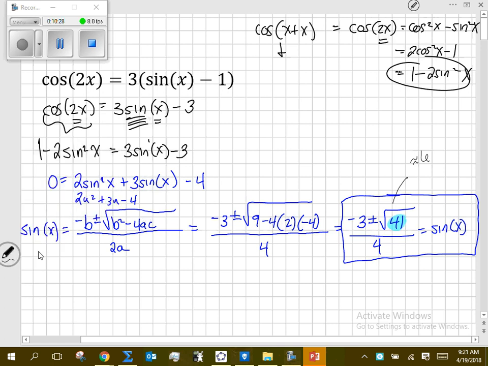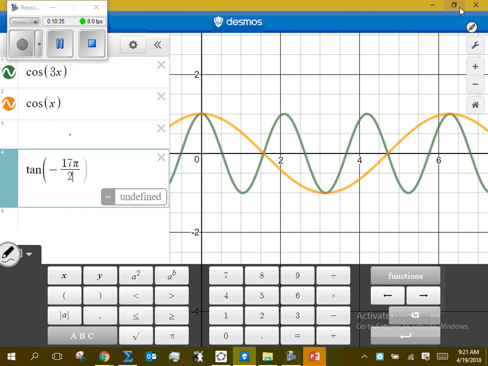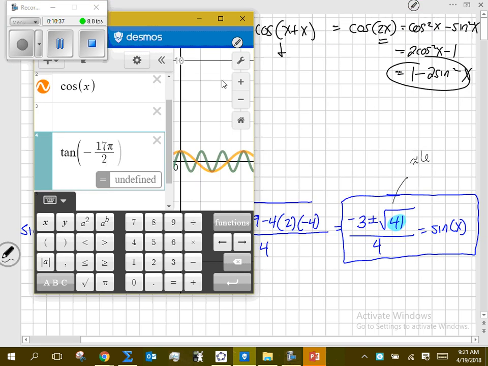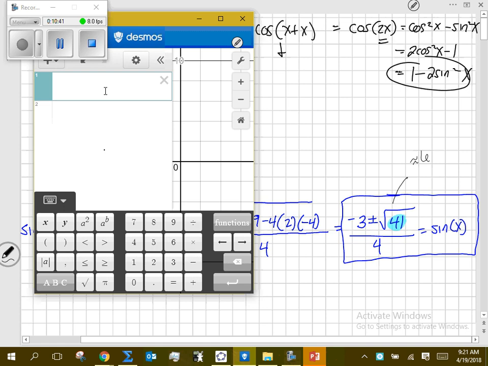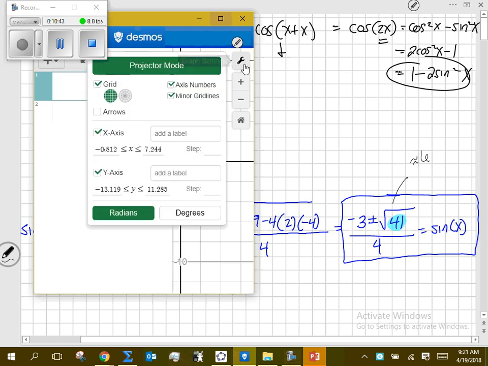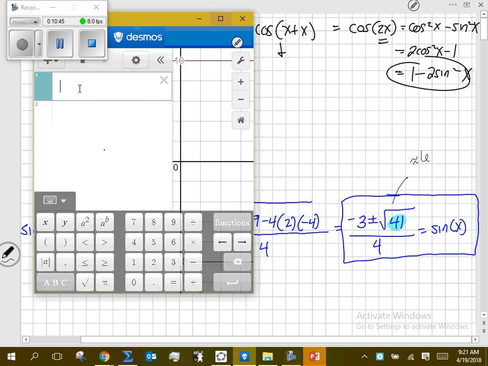So if I want to solve for x, I've got to use the inverse sine, right? Okay, so the inverse sine, let's bring up a calculator here real quick. All right, and I'm going to do this in radians.